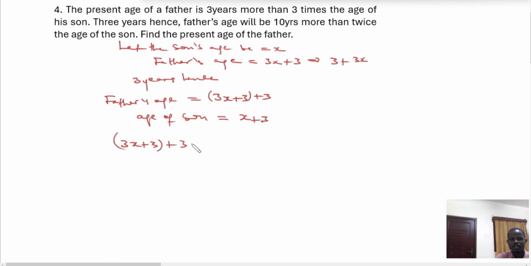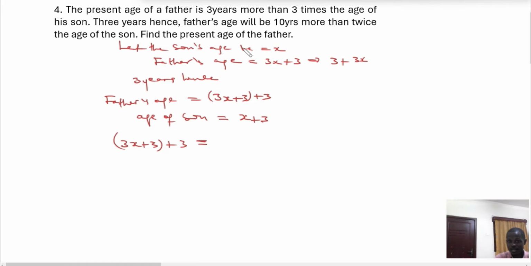It is equal to, write your equal sign, 10 years more than twice the age of the son. More than means plus. So in 3 years, the age of the son is x plus 3, sorry. In 3 years' time, the age of the son is x plus 3.